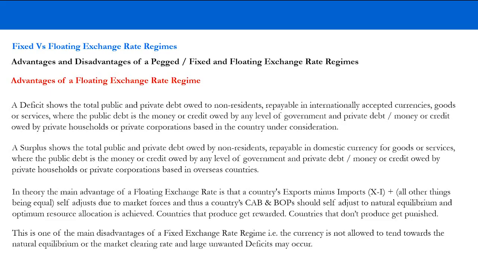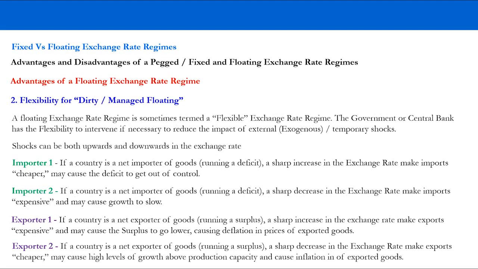So the United States had a fixed US dollar peg to gold, and over a number of years they managed to create a large and unwanted deficit. Okay, so balance of payments self-adjustment is widely seen as one of the advantages of a floating exchange rate regime.